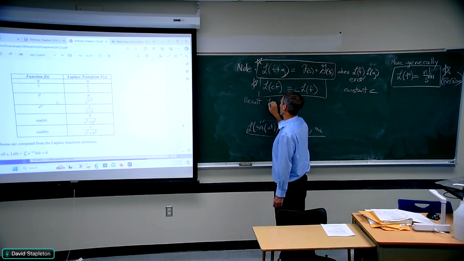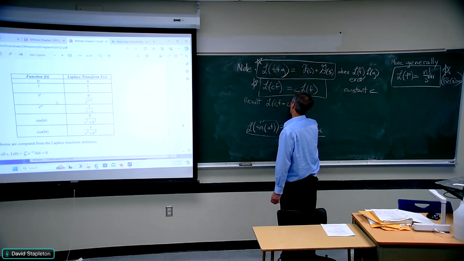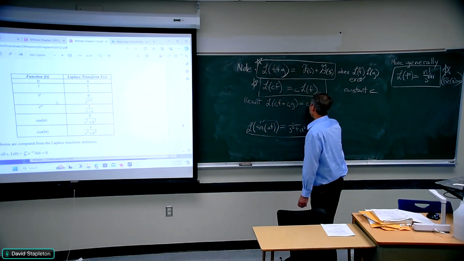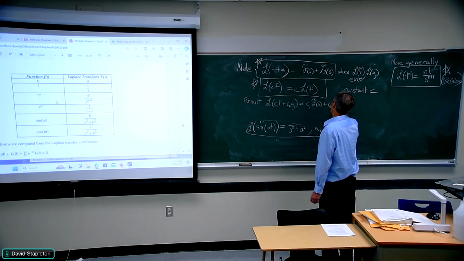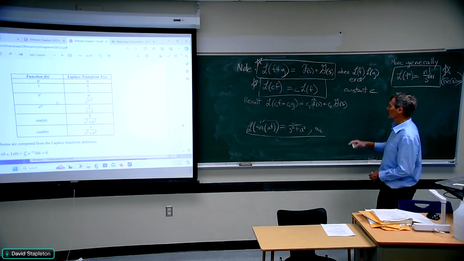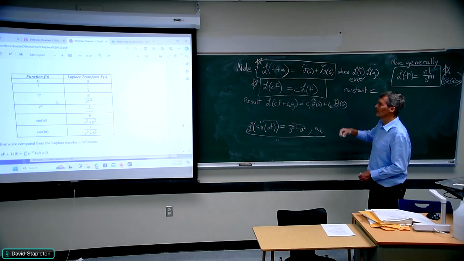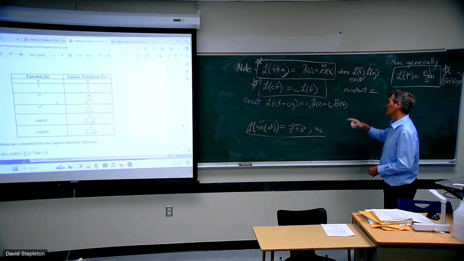If you have the Laplace transform of a constant times f plus a constant times g, where f and g are functions, that's a constant times f of s plus a constant times g of s. We call this the linearity property of the Laplace transform. Well, you can just memorize this one instead of these two if you want. This one implies these two, and those two together imply this one.